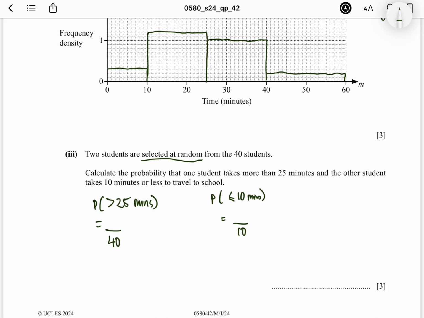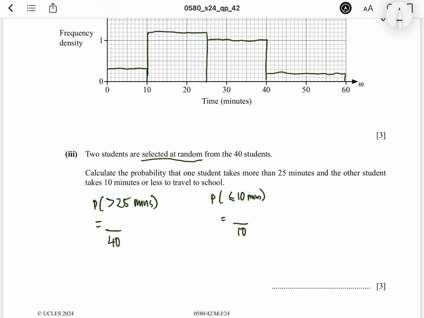Times or plus? Times and plus? Times? Plus? So, it says two students. So, artinya ia pilih one and another one.